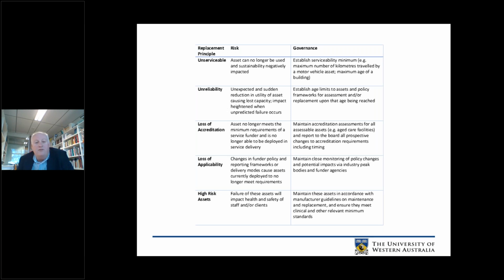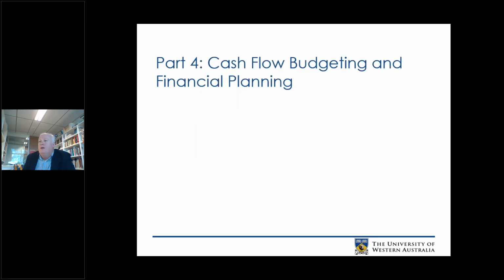In other words, they're no longer fit for purpose for the particular service, where you change your services and so there is a loss of applicability, and also where you might have high risk assets, where the failure of an asset might impact health and safety of staff and or clients. You need to understand each of your assets and how they slot into those replacement principles in order to make appropriate policy and to make appropriate arrangements for the replacement of those assets within a timely manner.